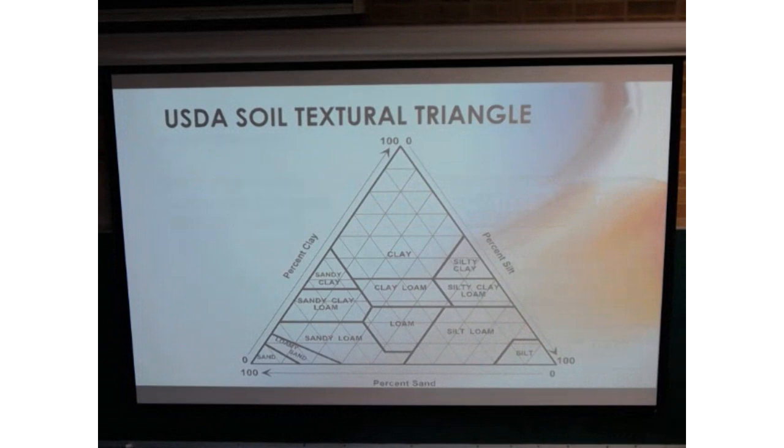We use the soil texture triangle. Okay? We use the soil texture triangle. When I ask you what tool we use to classify the soil texture, you must say soil texture triangle at least.